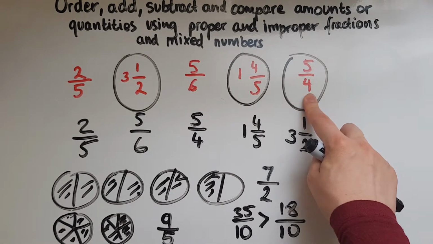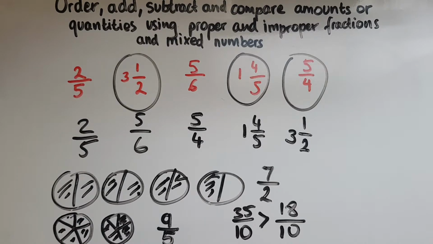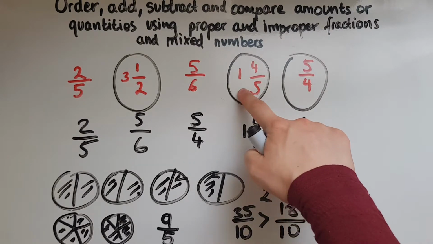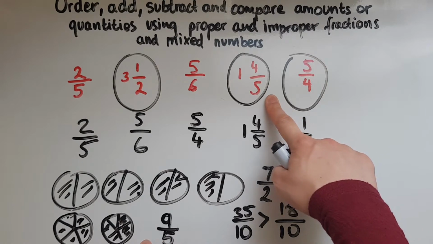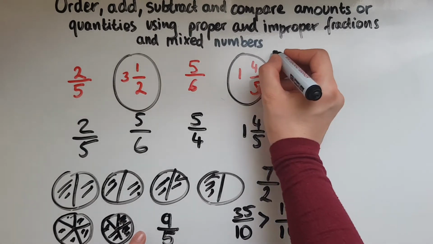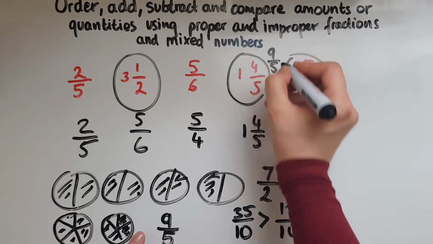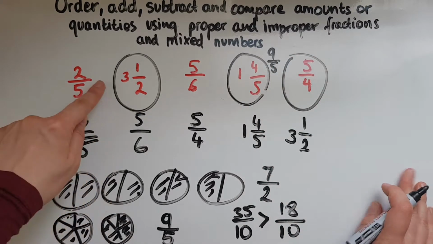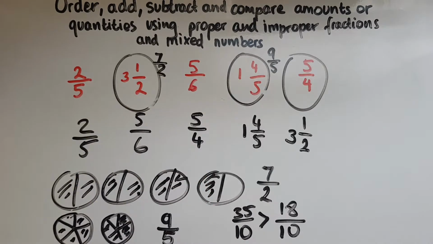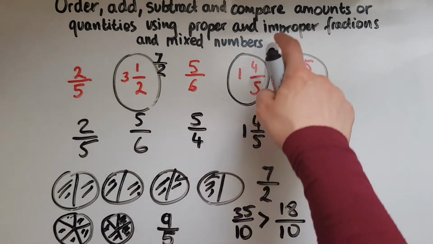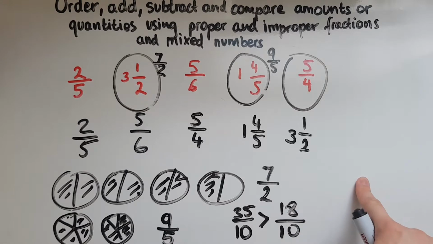This is already an improper fraction, so we don't need to do anything yet. And this needs to turn into an improper fraction. And as we looked at before, we converted that to 9/5, and we converted this to 7/2 as well. So it's a case of comparing 7/2, 9/5, and 5/4.